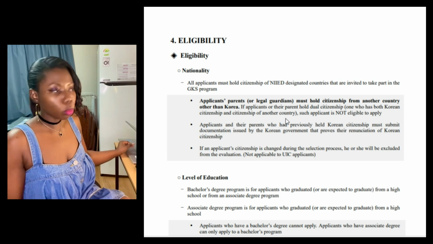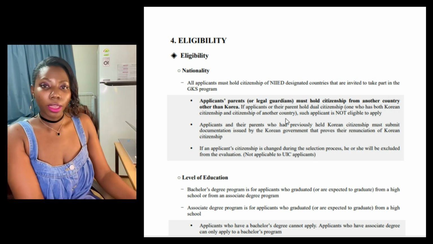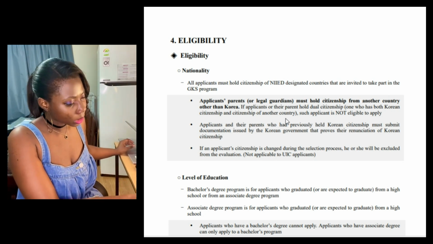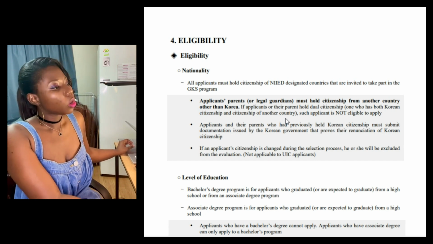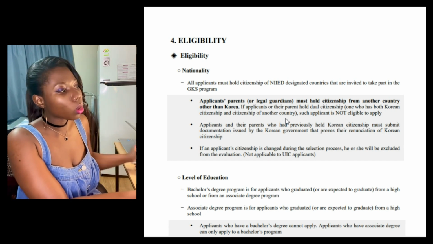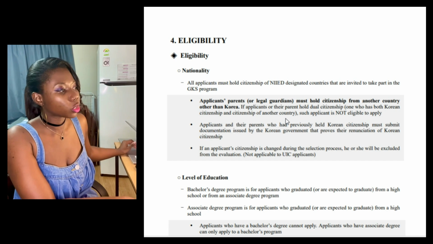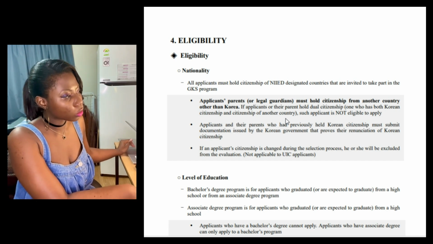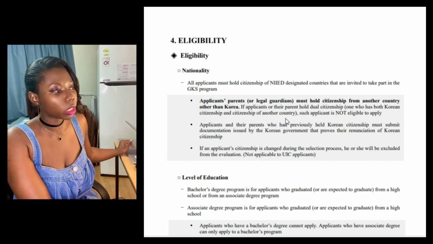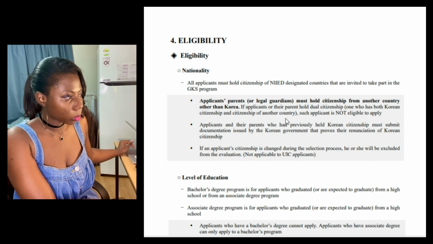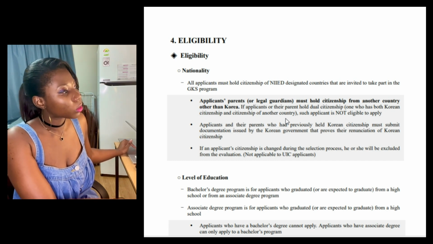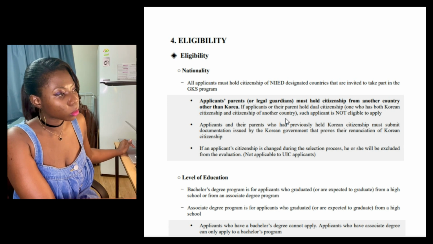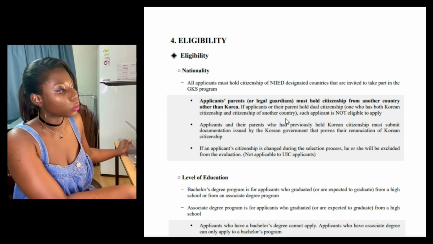Okay, now moving on to eligibility. Now here, as they've written, all applicants must hold citizenship of NIIED designated countries that are invited to take part in the GKS program. Okay, applicants, parents, or legal guardians must hold citizenship from another country other than Korea.